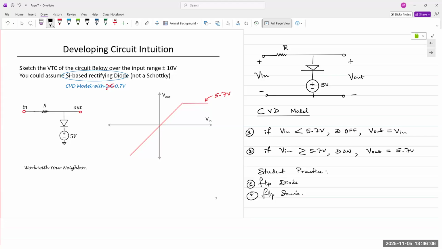Then you have to think about what it takes to turn the diode off, not on. Because if the cathode is always held at minus 5 volts, the diode is always going to be on. It would require 0.7 volts to turn on, so 5 minus 0.7. But other than that, the diode is always on. So think about that. That would be part of your homework learning.